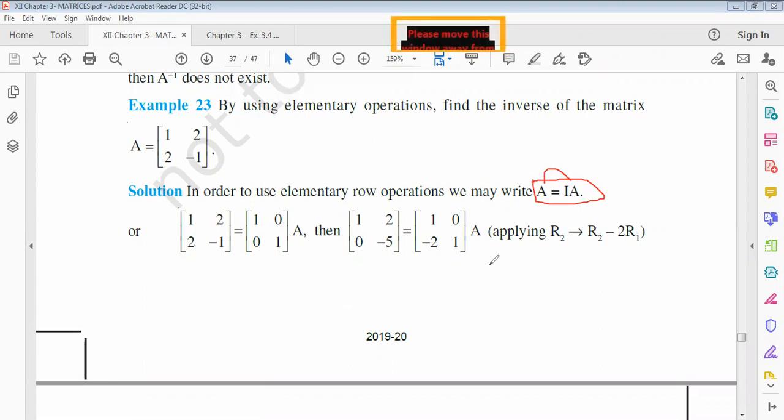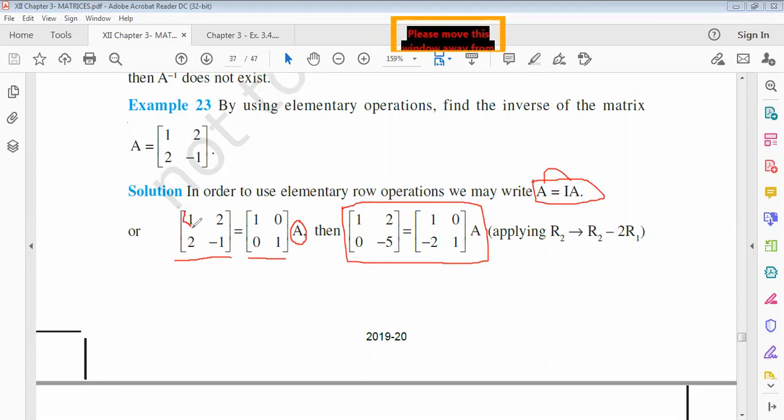So in this form, on the left hand side we write the matrix A, and on the right hand side we write the identity matrix. This A is kept as it is. इसको हम नहीं लिखेंगे matrix की form में. It is kept as A.